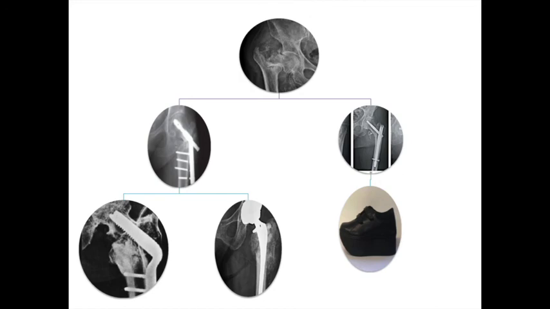Now the other scenario could be that there is too much of a limp, it is coming into the activities of daily living and it is fatiguing him, there is a lot of shortening. So if it is a young patient, you want to see whether a re-osteosynthesis is possible.